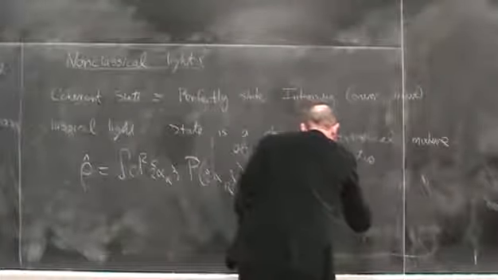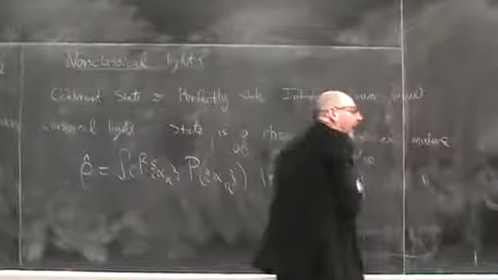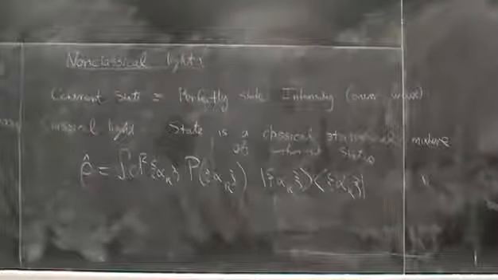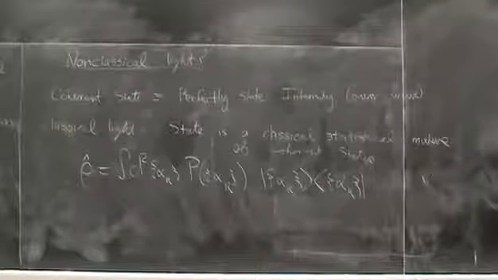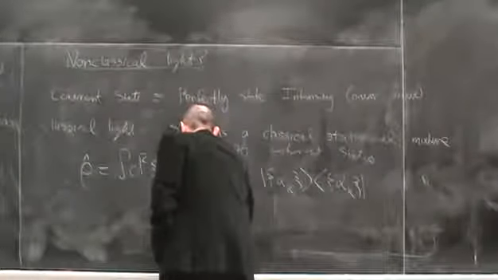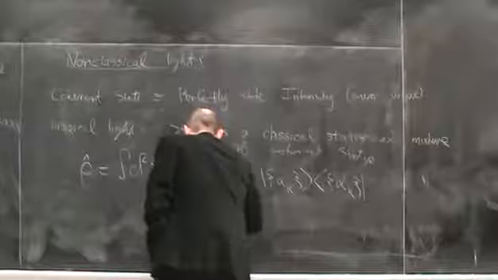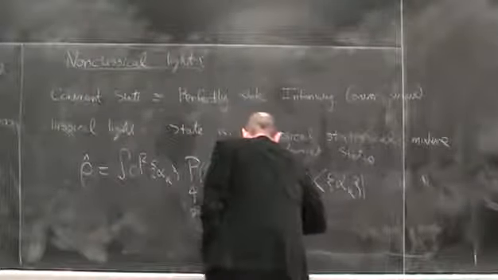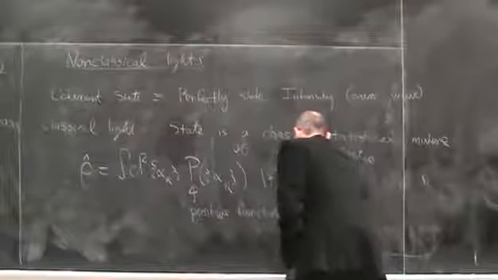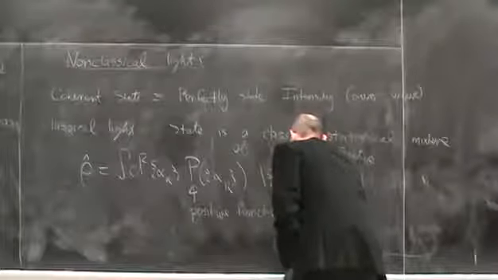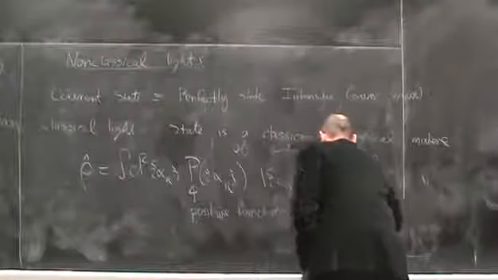So this little bracketed alpha is the set of all alpha associated with all the modes, okay? And what it means for this to be a classical statistical mixture is that this function is a positive function, non-singular, or not more singular than a delta function.